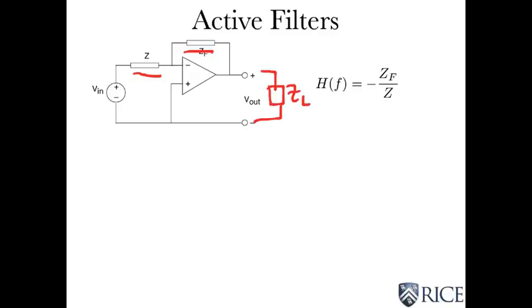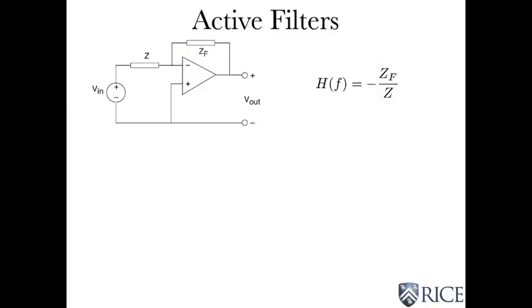And we know right away, I don't have to do any more analysis because of the analogy with resistor circuits, that the transfer function for this is minus ZF over Z. The word active filter comes in because we now can provide a gain. It's active, it has to have the power supply. That's where the word active comes from.